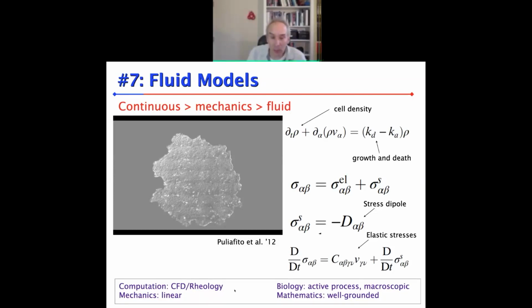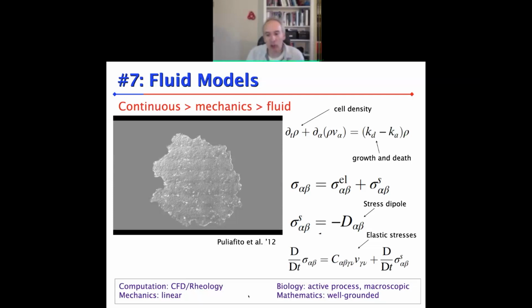So the computational part now can rely on all the tools of computational fluid dynamics and on the rheology and all that. The typical mechanics is based on a linear version of the elasticity plus an active version that makes this problem quite interesting from a theoretical point of view.